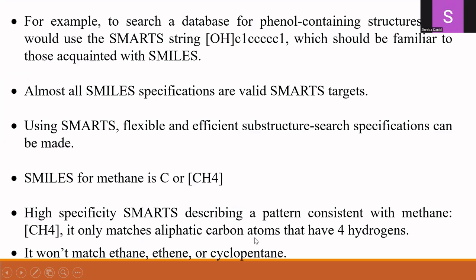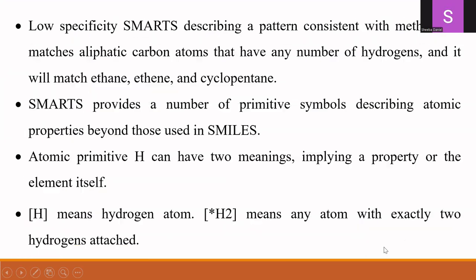It only matches the aliphatic carbon atom that has 4 hydrogen atoms. It won't match ethane, ethene, or cyclopentane. Low specificity SMARTS describing a pattern consistent with methane is C. Capital C matches an aliphatic carbon atom that has any number of hydrogens, and it will match ethane, ethene, and cyclopentane.